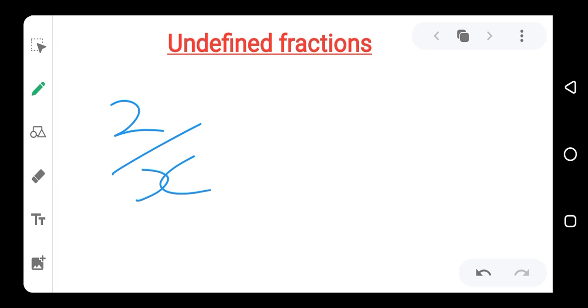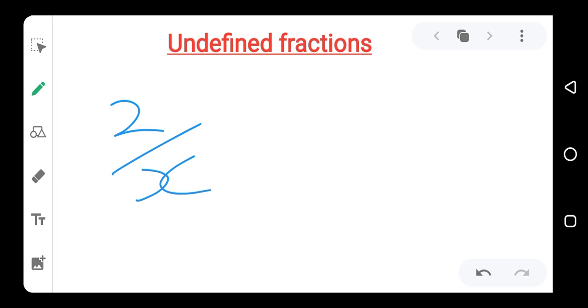Now remember that in zero fractions, we make the numerator equal to 0. In zero fractions, we concentrate on the numerator, but in undefined fractions, we concentrate on the denominator. So in undefined fractions, we are going to act like we don't know that the numerator exists.